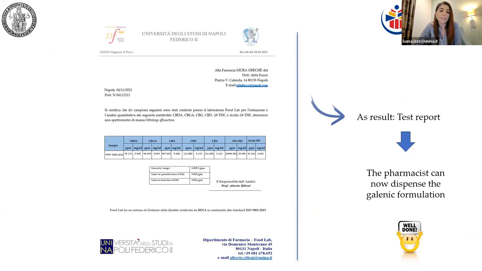As a result, we release this test report, in which we put the name of the preparation and the content of all the bioactive compounds, and also the percentage of each one. When the pharmacist receives this test report, they can dispense the galenic formulation.